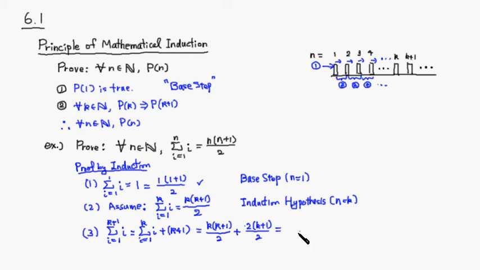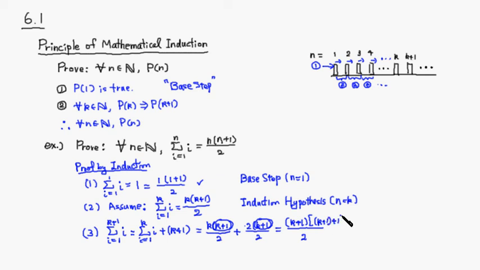Combine those together, so you have a common denominator, which is 2, and a common factor k plus 1, so I'm going to write k plus 1 times k plus 2. I'm going to write k plus 2 as k plus 1 plus 1 so that it fits the form.